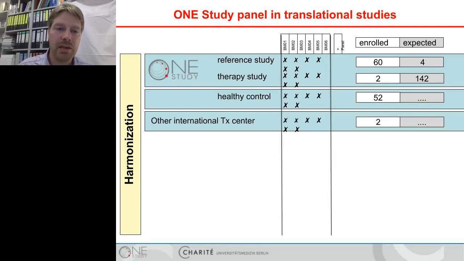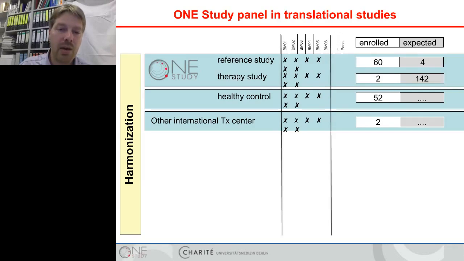The ONE Study panels and the BioDRIM panels are now harmonized in different trials. In the reference study of the ONE Study, we have now enrolled almost all patients, 60 patients in that study. Then we started a therapy study at 2 centers, and we performed a healthy control group.